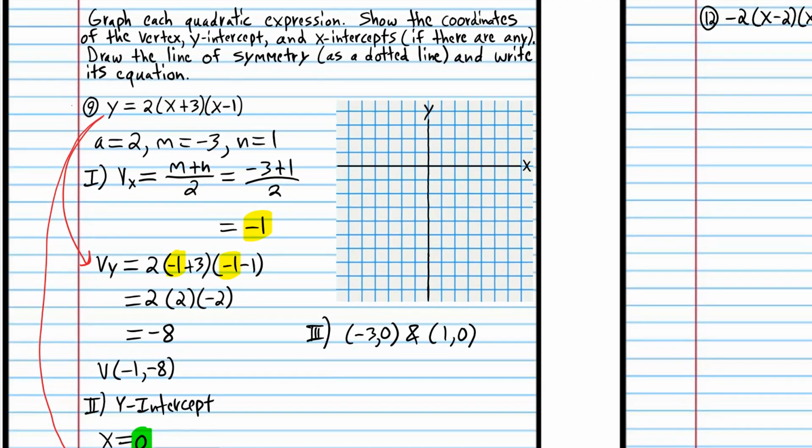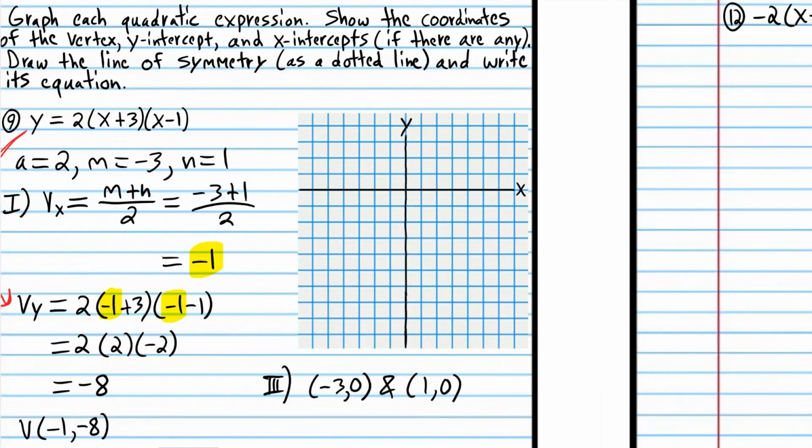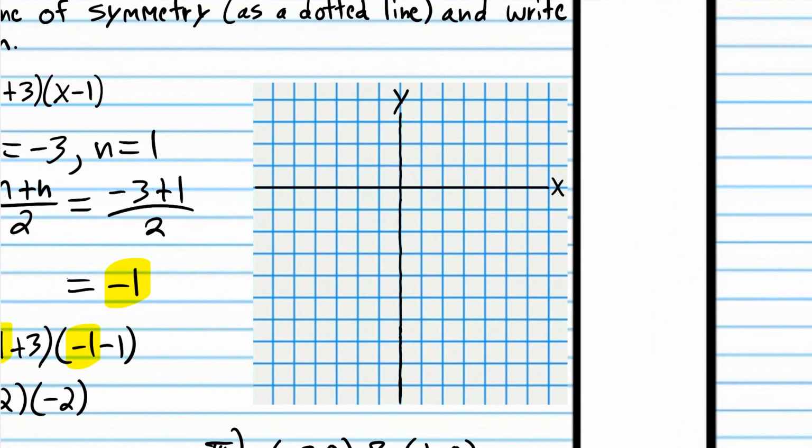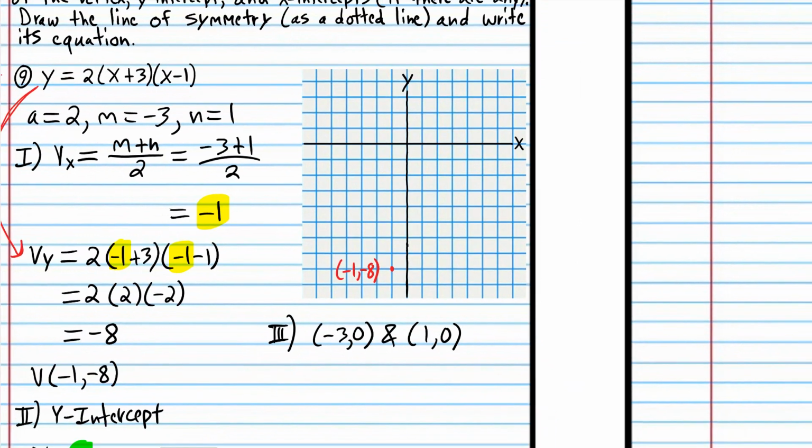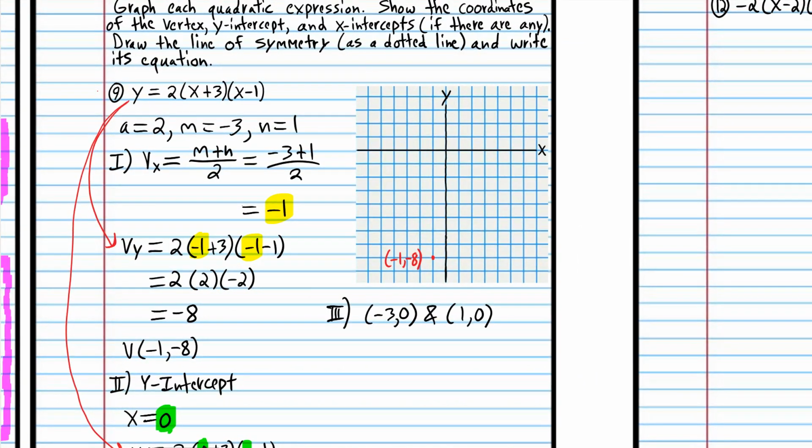So let's graph the vertex. The vertex is -1, -8. So 1, and then 1, 2, 3, 4, 5, 6, 7, 8. And be sure to write your coordinates off to the left or to the right, because we're going to be drawing the line of symmetry right down the middle.